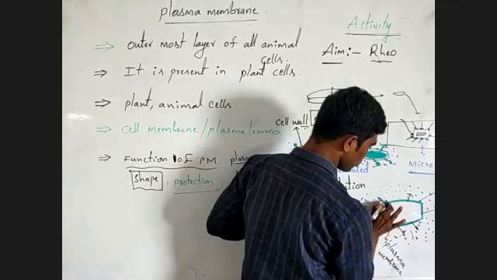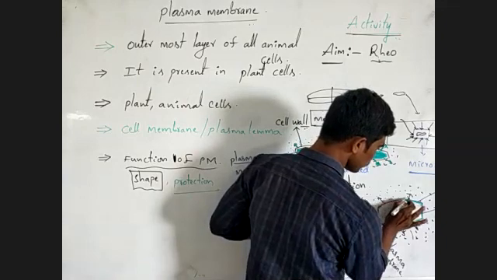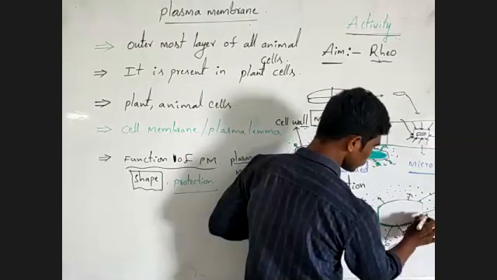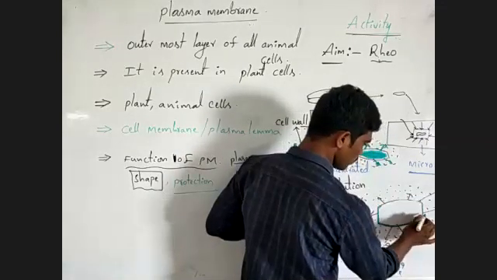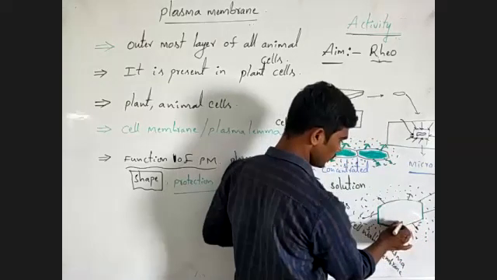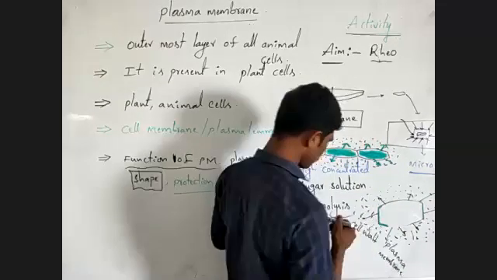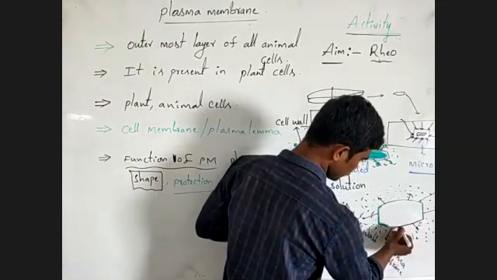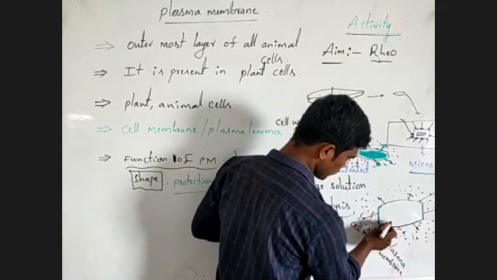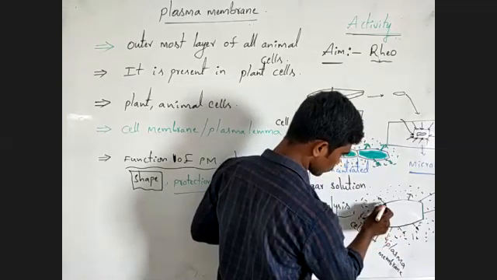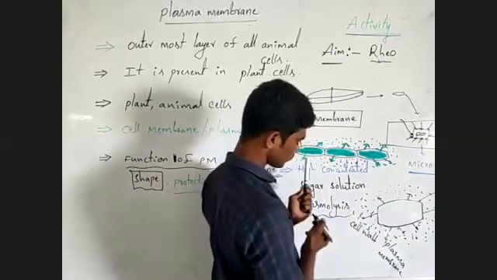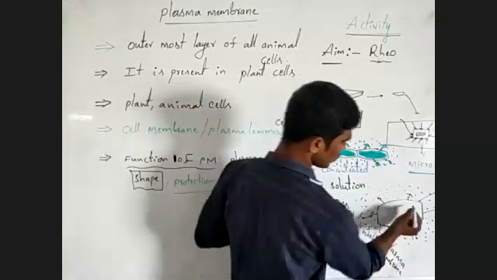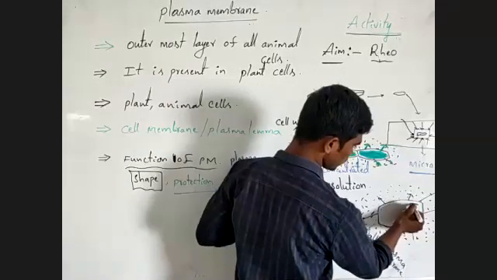Here the plasma membrane is also sunken. Means the plasma membrane is detached from the cell wall. It is also sunken like this.